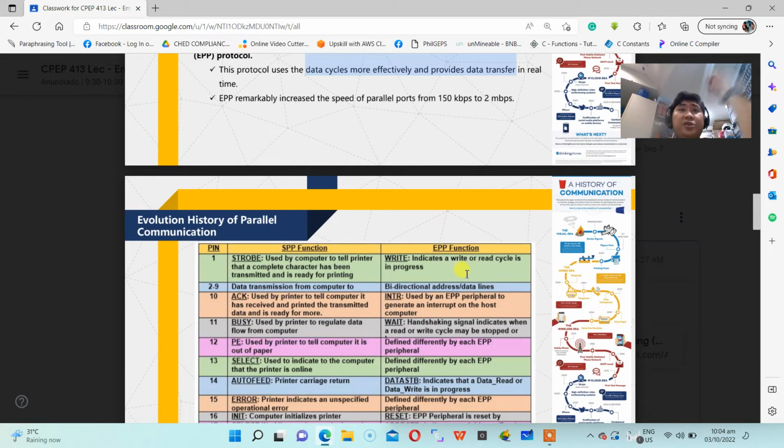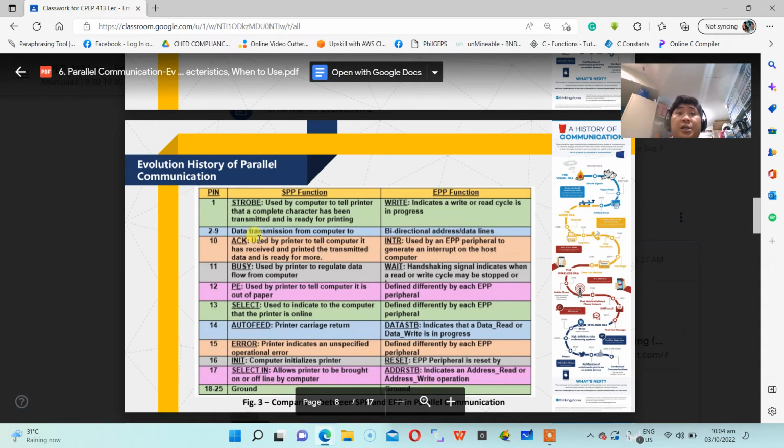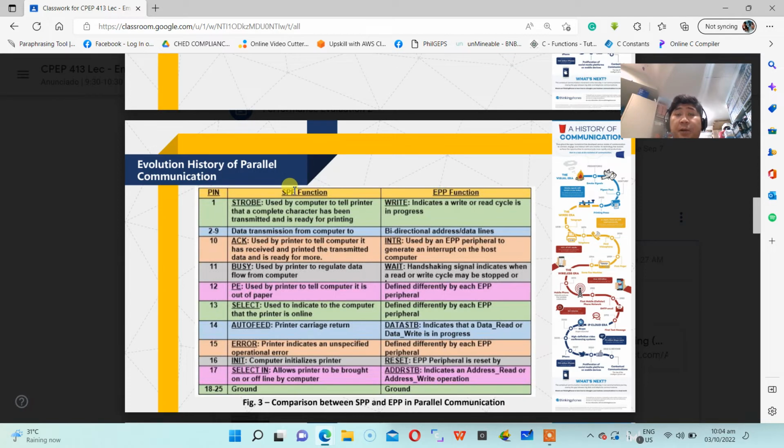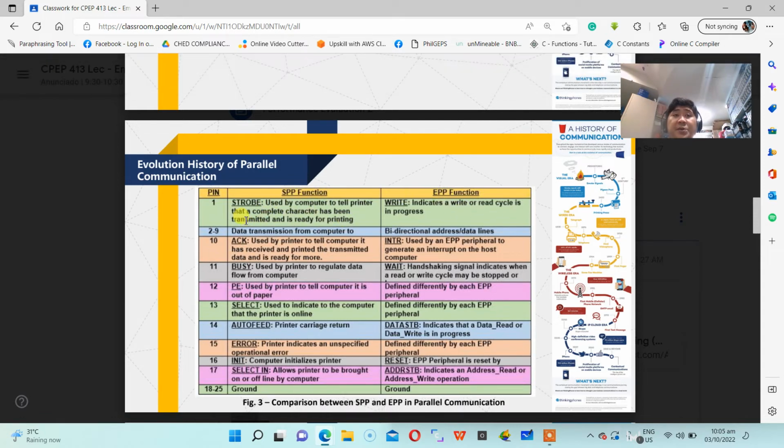Next is the evolution of parallel port communication. This is the comparison between the standard parallel port and the enhanced parallel port in terms of strobe and write. The strobe is used for the computer to tell the printer that a complete character has been transmitted and is ready for printing.